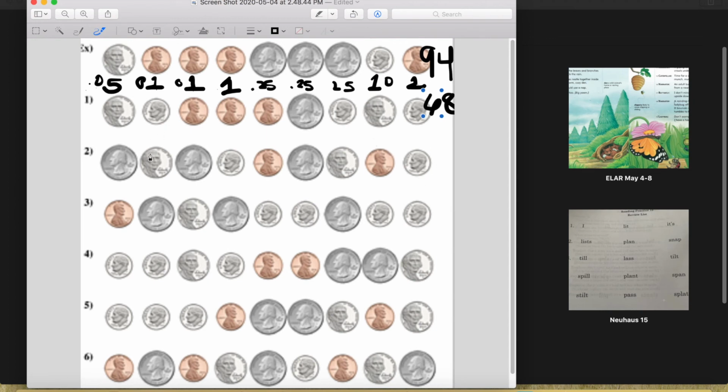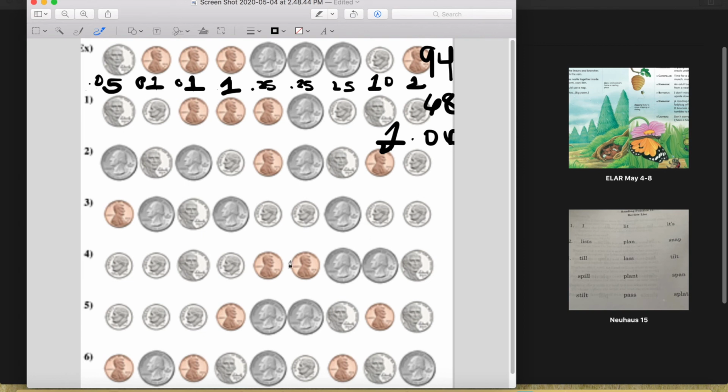Then we go back to our nickel. $1, $1.05, $1.06, $1.07. So this would actually be written, can't do our ones like that, totally forgot, $1.07.